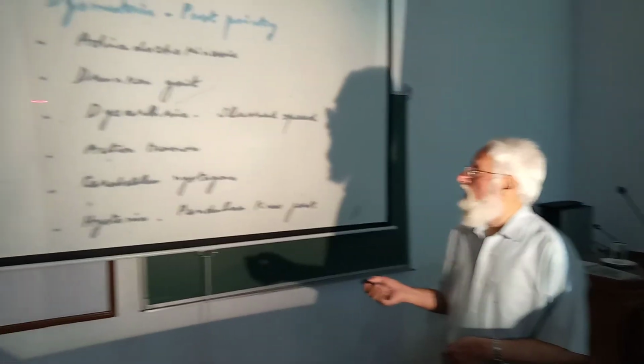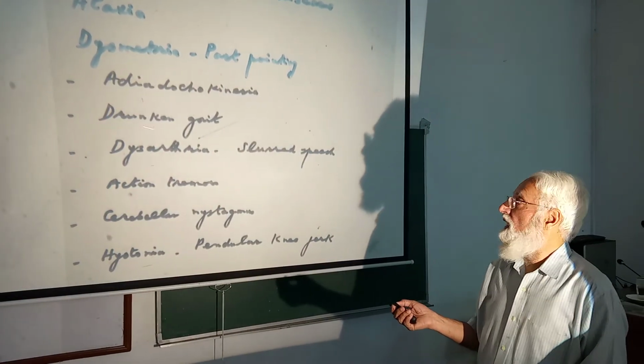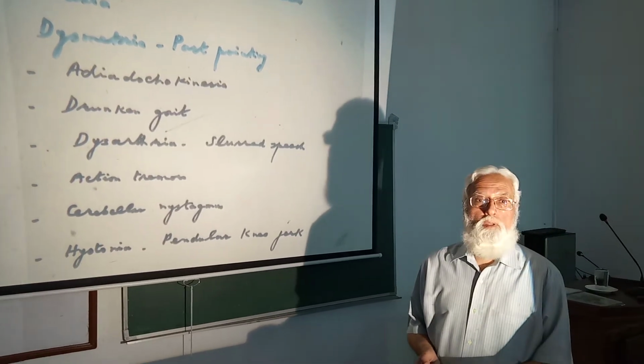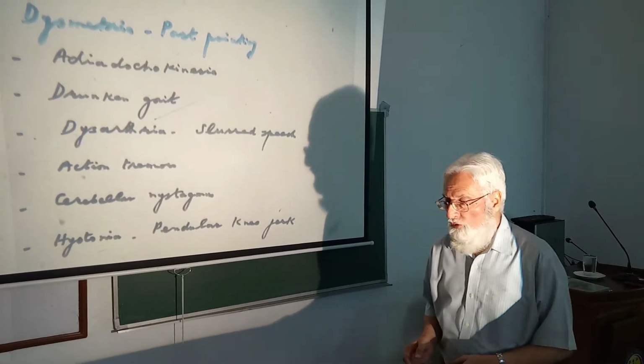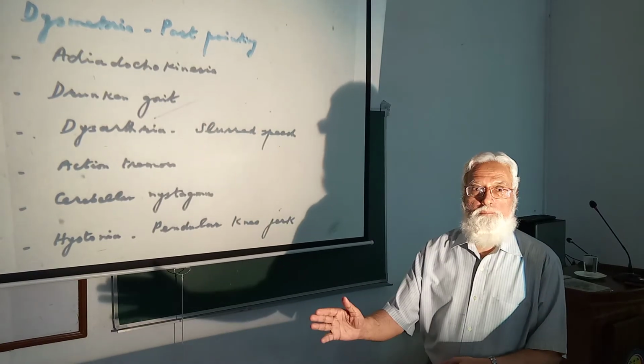Next feature is a drunken, staggering gait. The patient walks on a broad base and can't walk in a straight line.